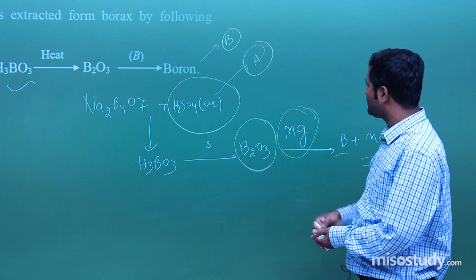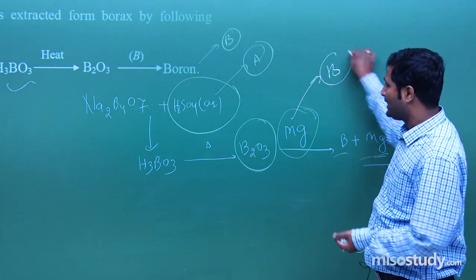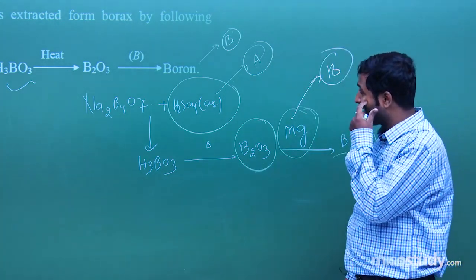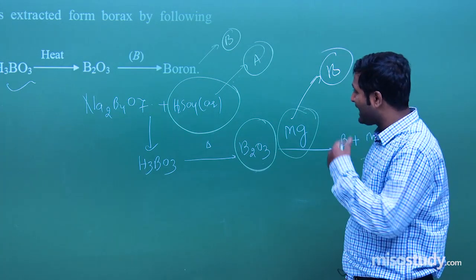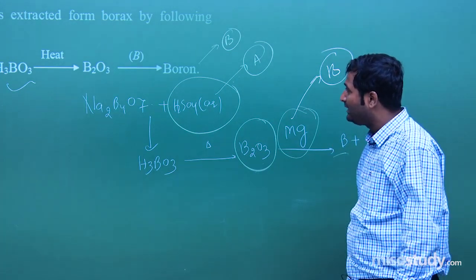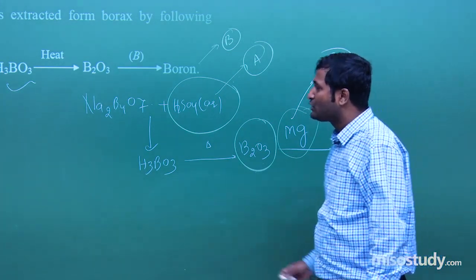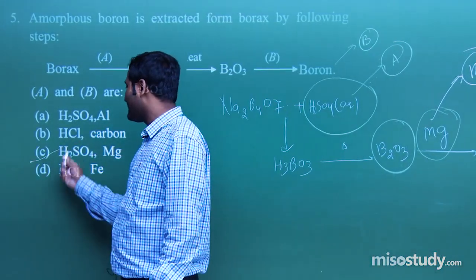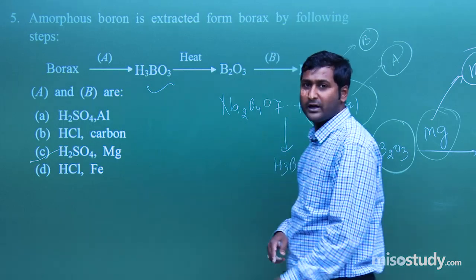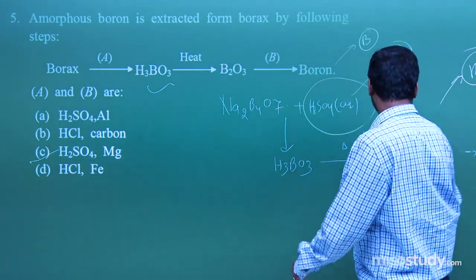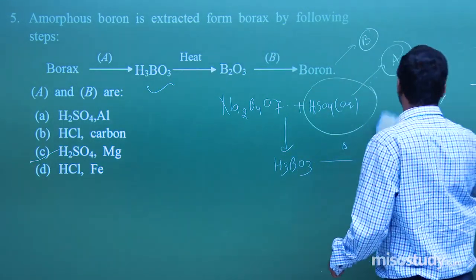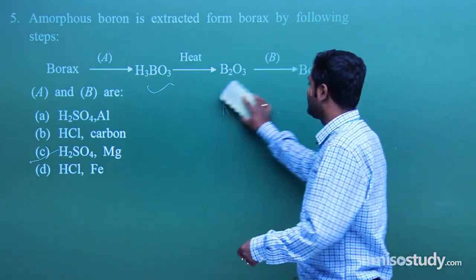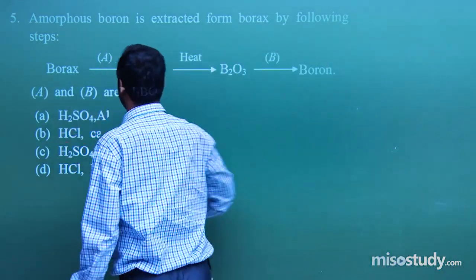Clear? So this one is A and this one is B. In this case the option is A is aqueous H2SO4 and B is Mg. So for question number 5, C is the correct option. Is it okay to you? Now let's move to the next question. Wait for a moment, listen carefully to what I am telling.